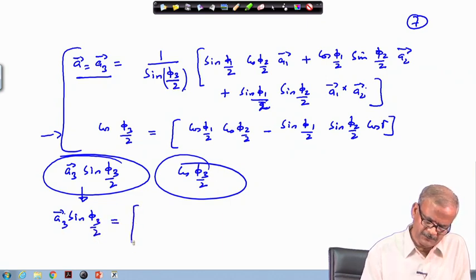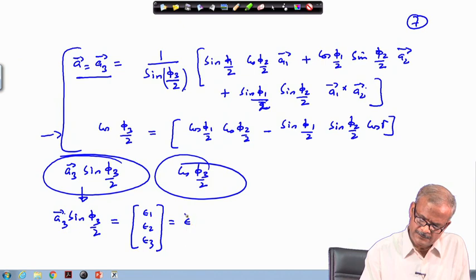This we can write in terms of epsilon 1, epsilon 2, epsilon 3, equal to epsilon tilde.